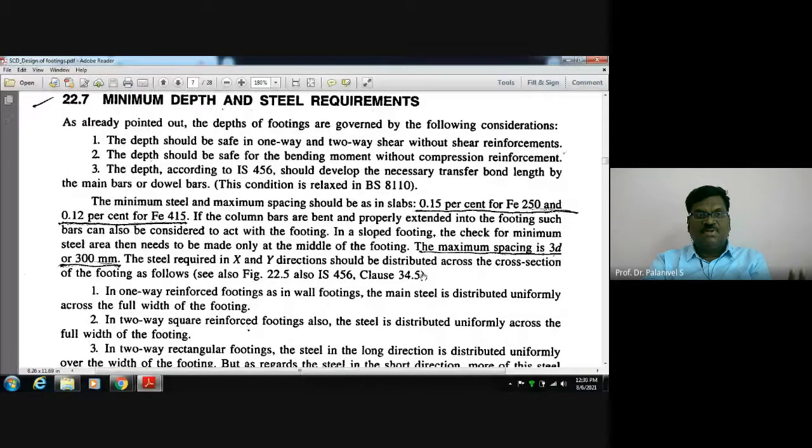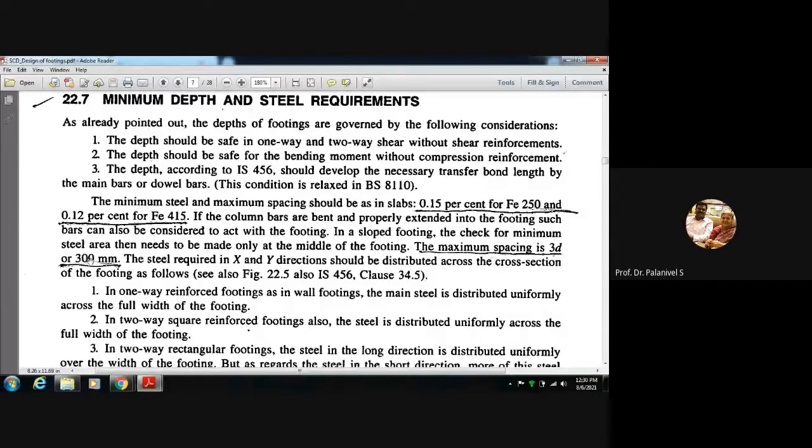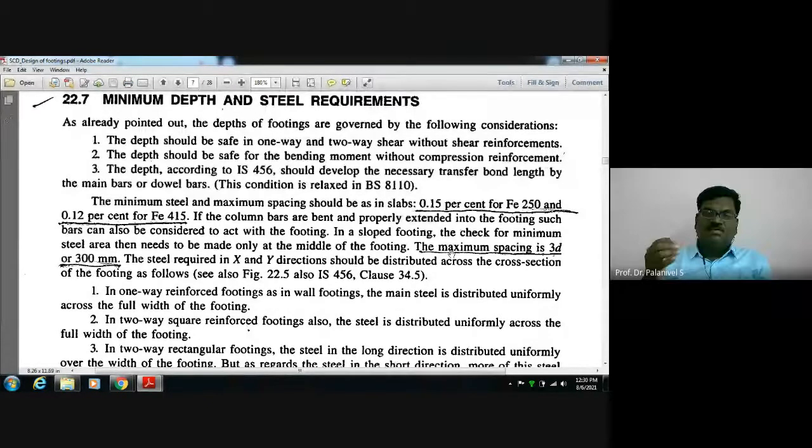And then the maximum spacing is 3D or 300 mm. The maximum spacing should not exceed 3 times the effective depth or 300 mm, whichever is lesser. The effective depth of the footing you will be getting, and the thickness of the footing you will decide. That is part of your design procedure.